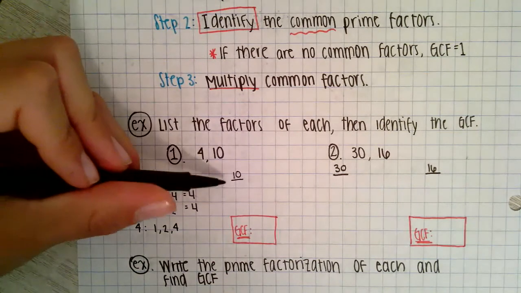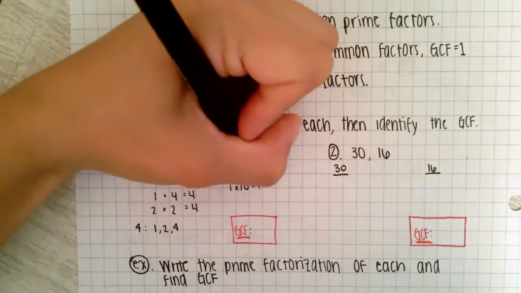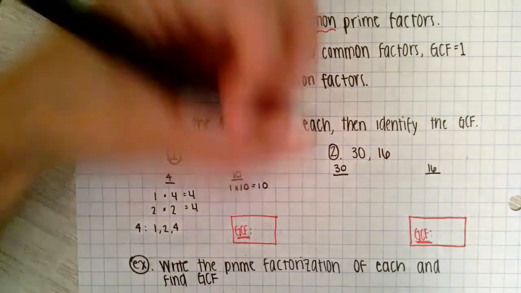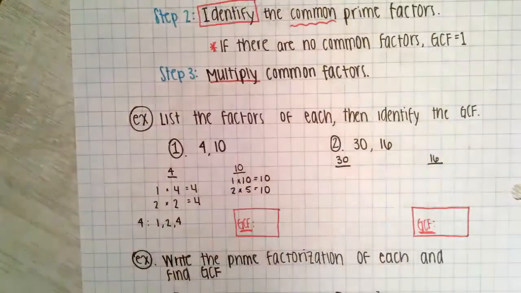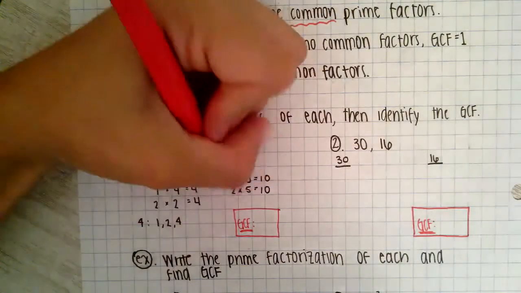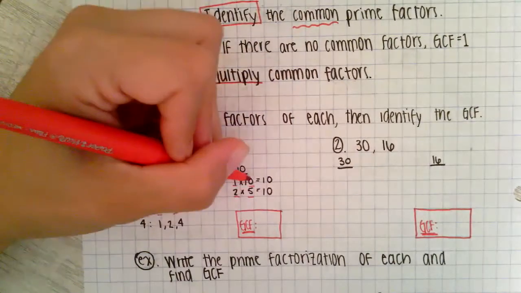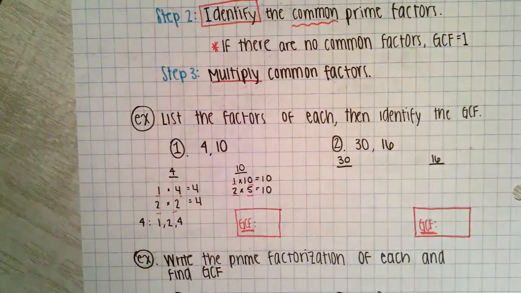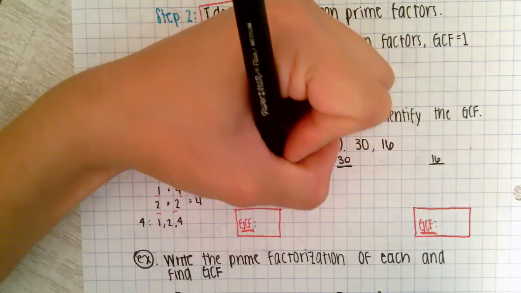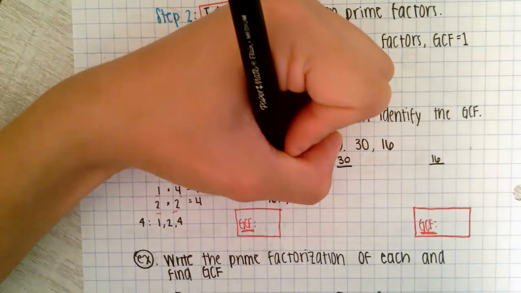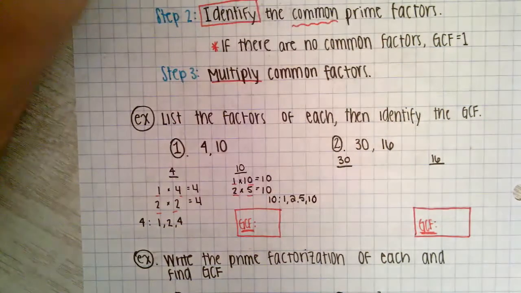I'm going to do the same thing with 10. 1 times 10 is 10. 2 times 5 is 10. So my factors of 10, I'm going to write these or underline them in a different color, are 1, 2, 5, and 10.